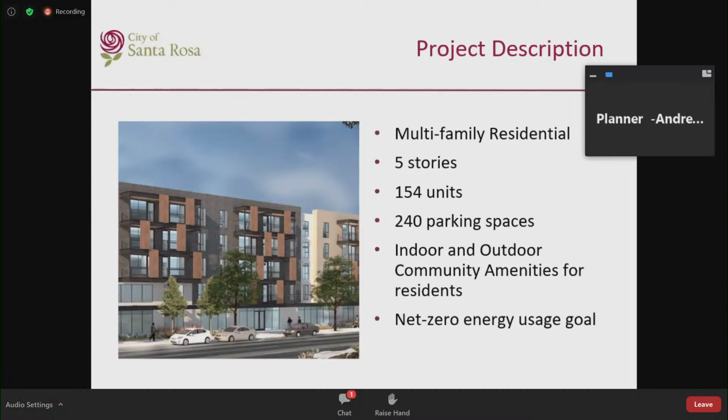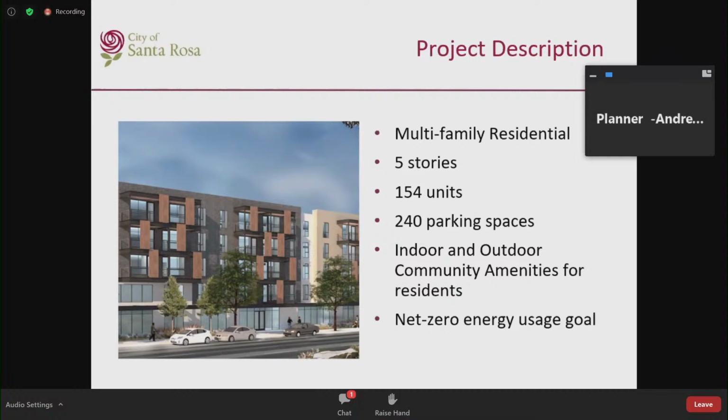So the proposed project is a multifamily residential project. It's 5 stories tall. It's proposed in a multifamily residential use zoning area adjacent to existing single-family residential uses and mobile home park uses.